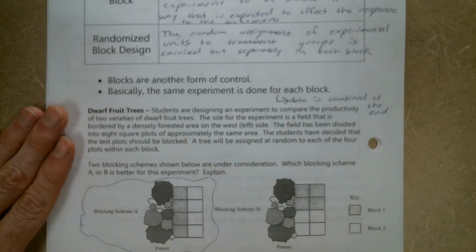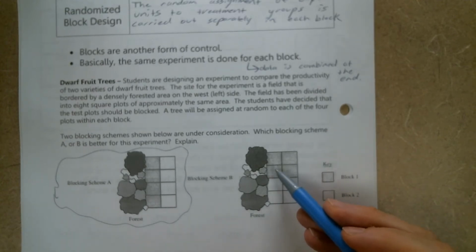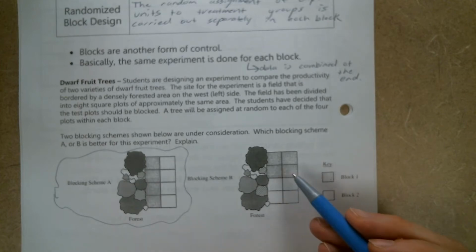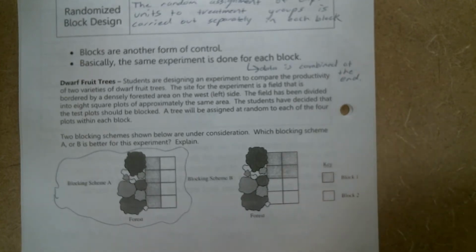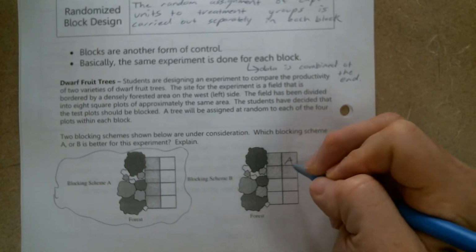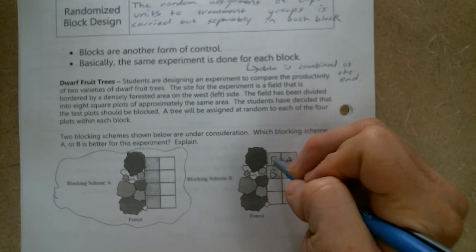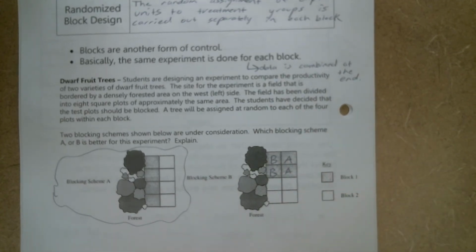And I think the easiest way to illustrate that is just by kind of putting some labels down here. So let's just pretend my 2 trees are A and B. If I were to use this scheme, all right, I might randomly end up with all my A trees over here and all my B trees really close to the forest and the shade. All right.